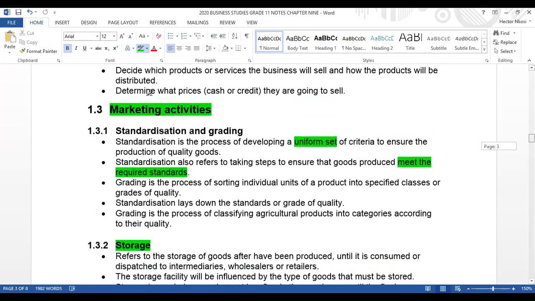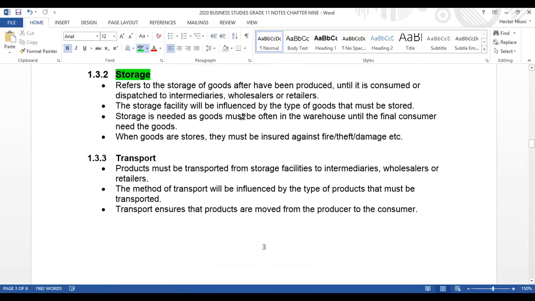You also need storage, and storage, we know, refers to the storage of goods after they have been produced until they are consumed or dispatched to intermediaries, wholesalers, or retailers, right? Also, we dealt with this, what are intermediaries, wholesalers, and retailers. We covered this under distribution policy.